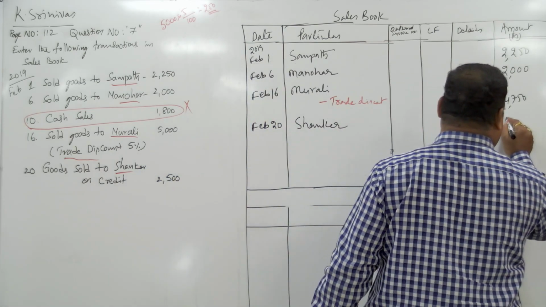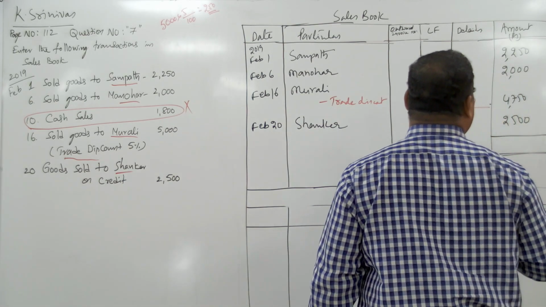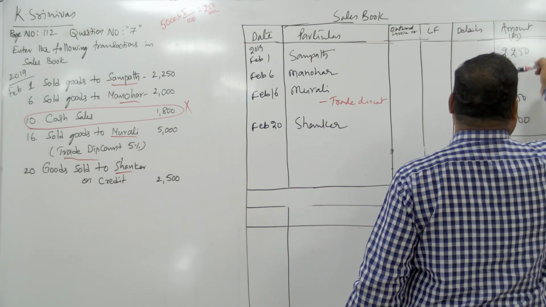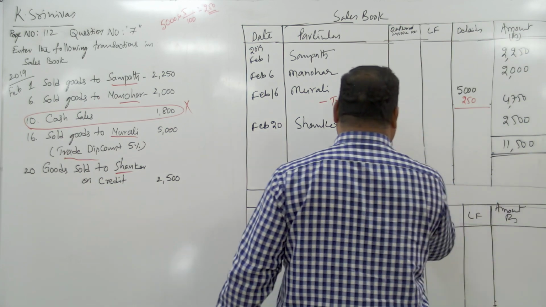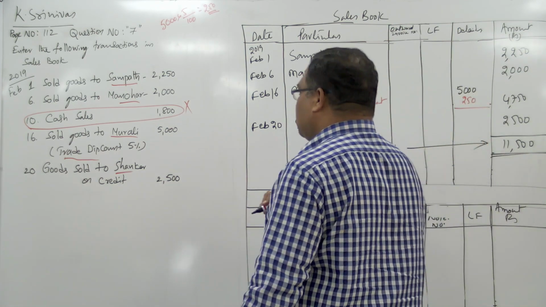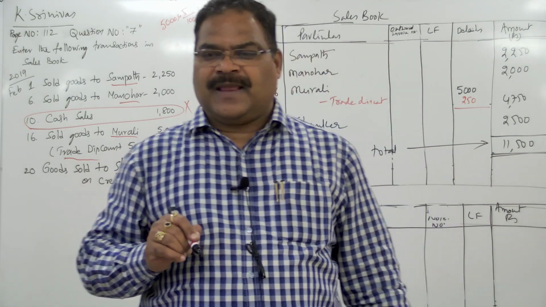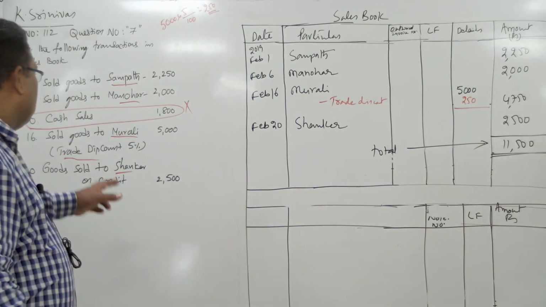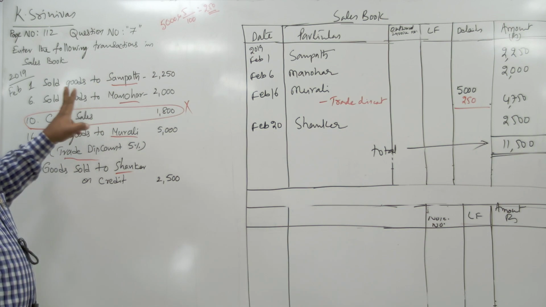Rupees 2,500, and the total is now 11,500. This is the total of this sales book. Once again, sold goods to Sampath, a credit transaction, taken into the book.